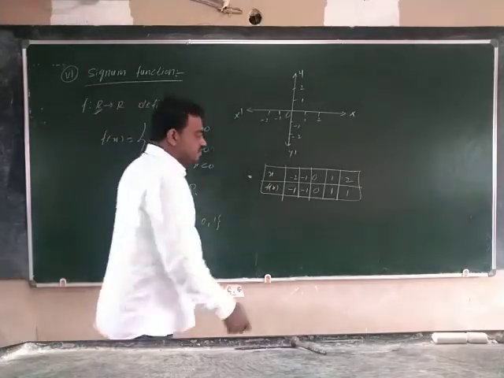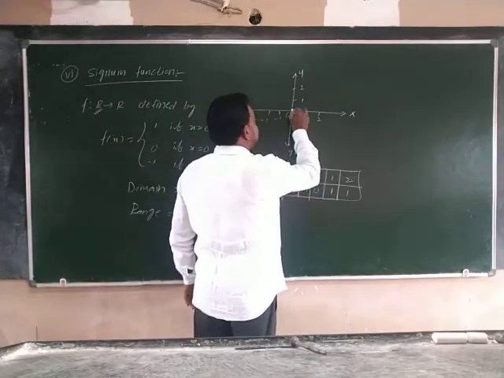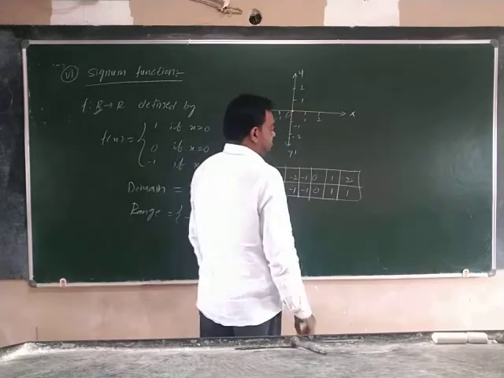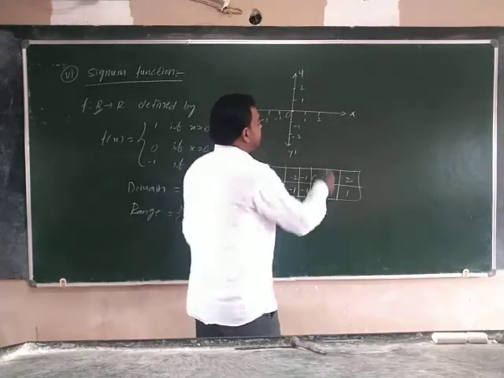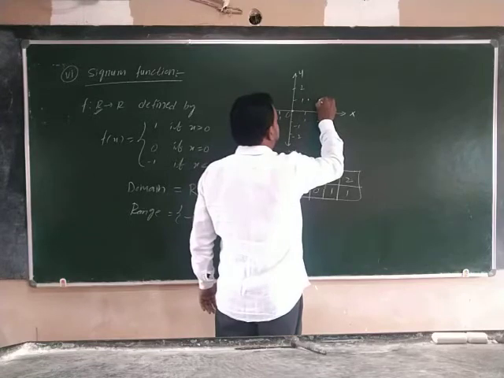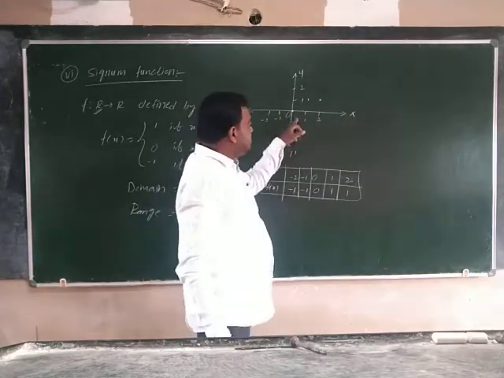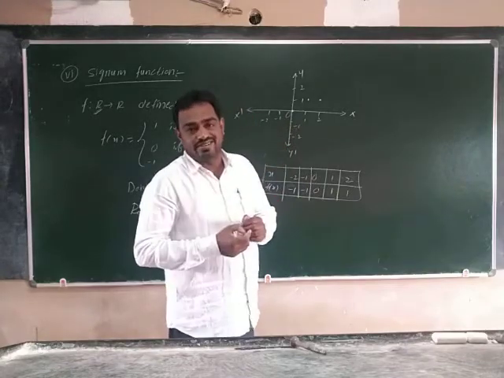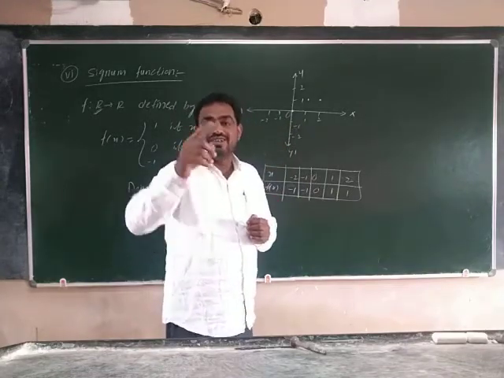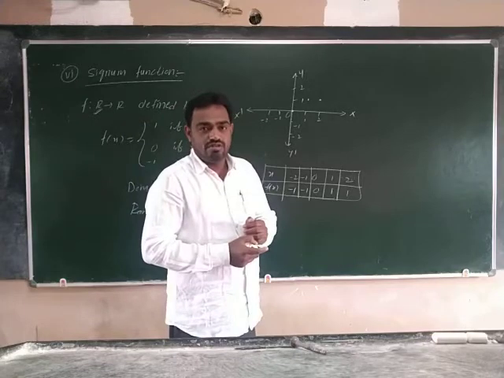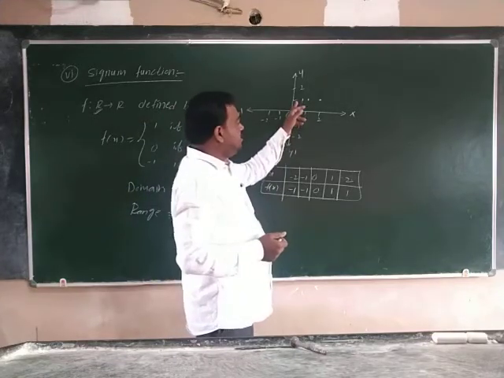You see, first we plot the point 0, 0. Then 1, 1, 2, 1, 3, 1 are available. For example, 0.001 is there. 0.001 is greater than 0, so we are getting again 1.